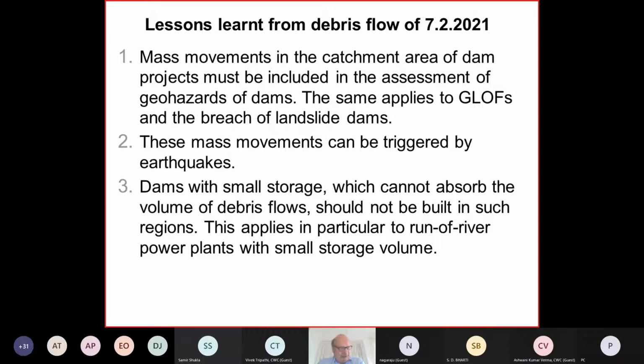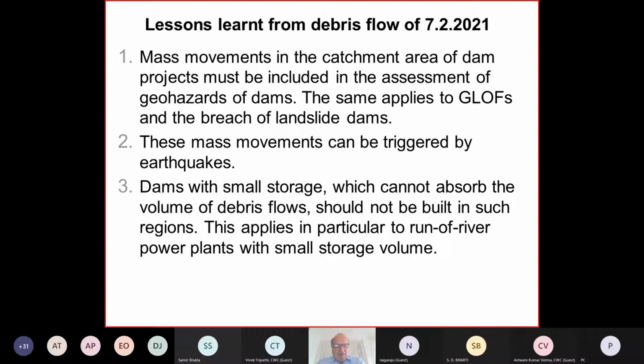Now, the critical issue is that these mass movements, we do not really know what the trigger is, but if the static safety factor is close to 1, it needs just some small trigger that such landslides or rock falls can be released.